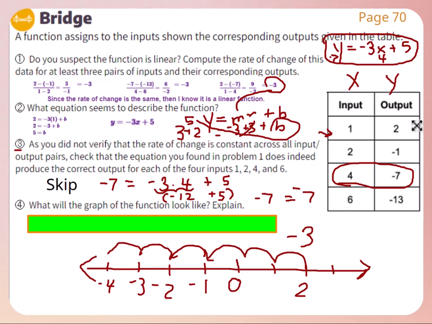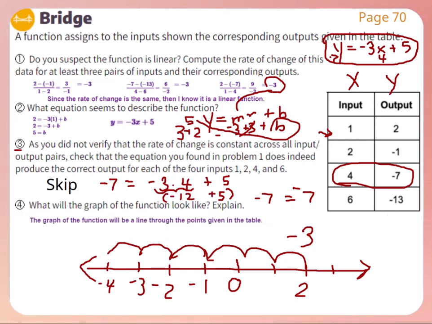All right, what will the graph of the function look like? Explain in words. Now we've been looking at linear functions, and so we should be able to talk about them. It's not brand new. You can have a different answer than mine. I said the graph of the function will be a line through the points given in the table.